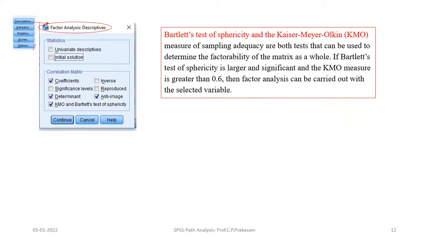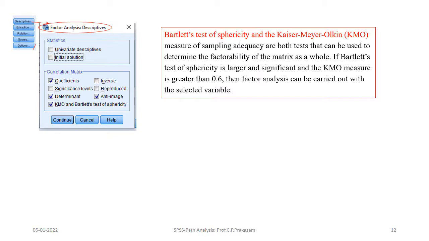Most importantly, Bartlett's test of sphericity and the Kaiser-Meyer-Olkin KMO measure of sampling adequacy, both tests can be used to determine the factorability of the matrix as a whole. If Bartlett's test of sphericity is large and significant and the KMO measure is greater than 0.6, then the factor analysis can be carried out with the selected variables.